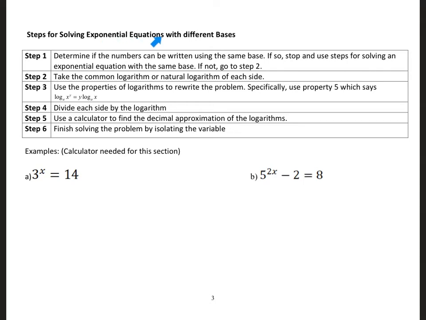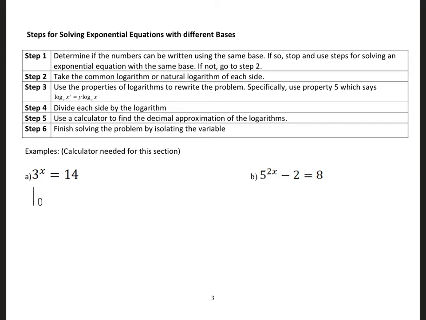In this example, I'm going to solve exponential equations with different bases. And here is an example. I have 3 raised to x is equal to 14. So normally, I would check to see whether I can write 14 to the same base as 3. But that's not possible. And this is where I use the properties of logarithms to isolate x. So what am I going to do?